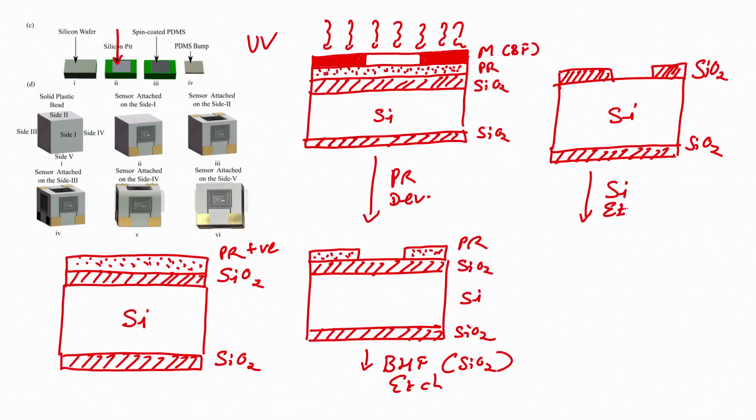The next step is silicon etching. Now, silicon etching can be done either using wet etching or dry etching, right. Wet etching we know is potassium hydroxide or TMAH, while dry etching is RIE, reactive ion etching, or deep reactive ion etching.